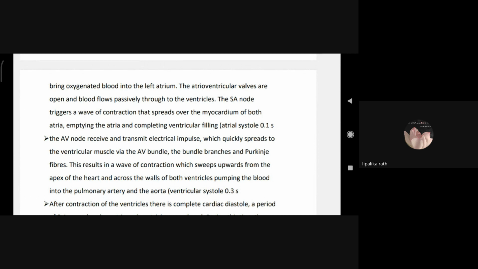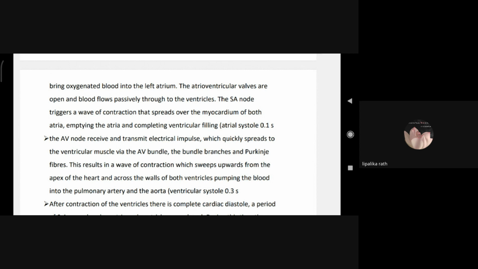SA node triggers the wave of contraction that spreads through the myocardium of both atria, emptying the atria and completing the ventricular filling. Now, the AV node receives the transmitted electrical impulse, which quickly spreads to ventricular muscle via AV bundle.